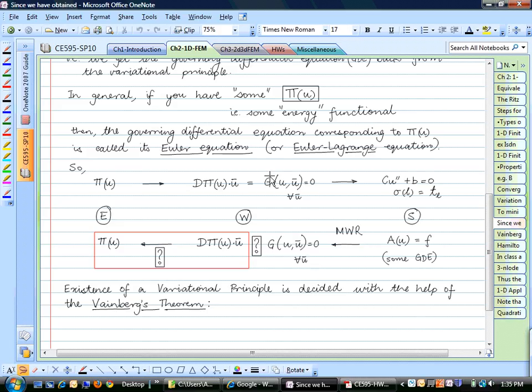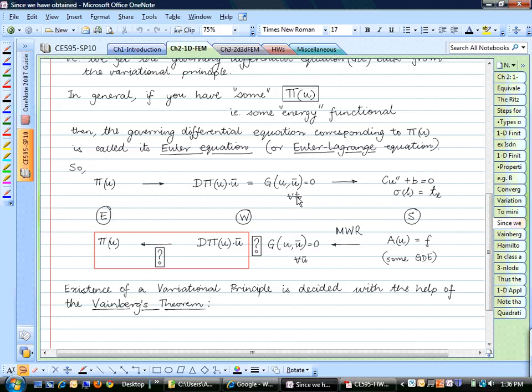And this is the principle of virtual work, which we then discretize using our finite elements. And it is this that we implement in the computer. On the other hand, if you have some energy functional, you can minimize that energy functional and find the same sort of differential equation, same sort of virtual work principle, and again you implement that in the computer.